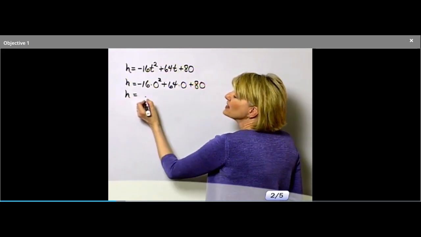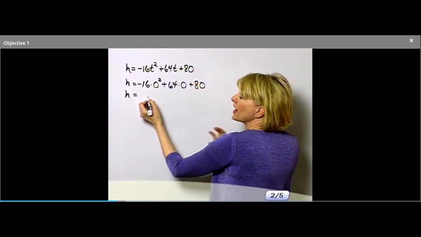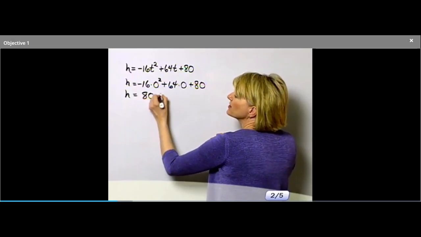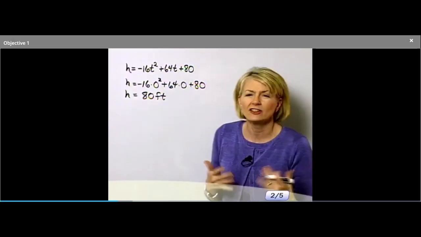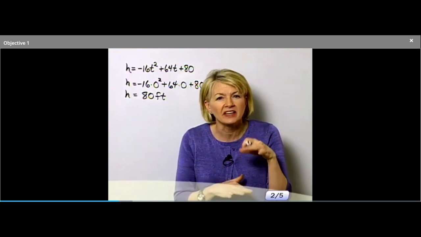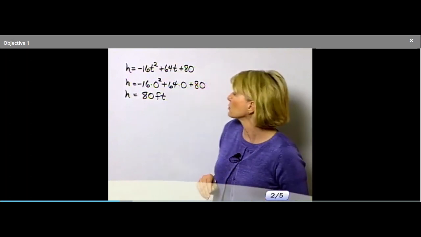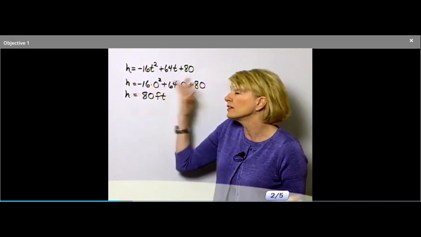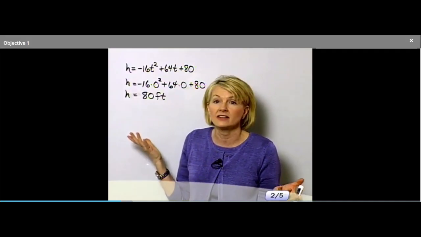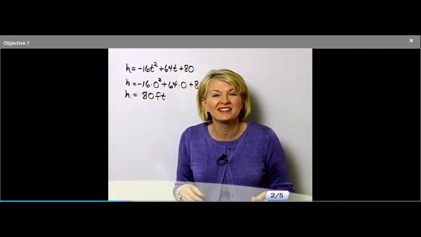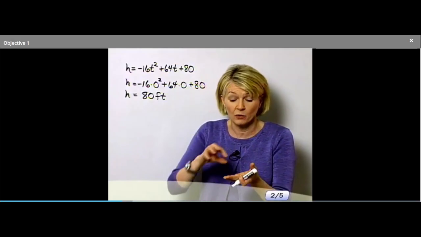The height of the object at time 0 is 80 feet. And that should make sense because we were on the top of the 80-foot building and then we threw it upward. All right, and you can look at the time when t is 2 seconds, when t is 3 seconds, and so on and so forth.